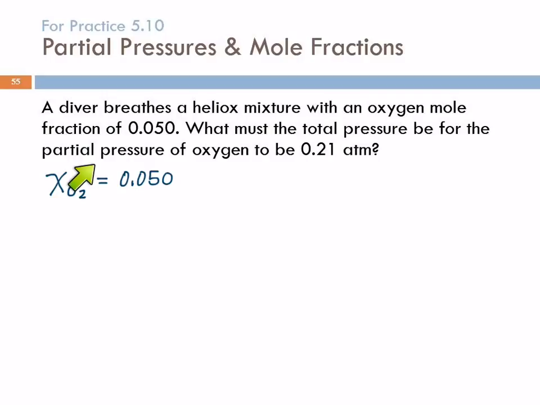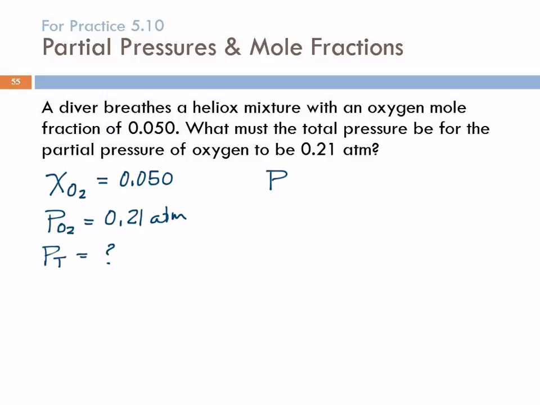And it says we want a partial pressure for oxygen to be 0.21, so that's the pressure of oxygen we want, 0.21 atmospheres. And it's asking about the total pressure. So P total equals question mark. We don't know.